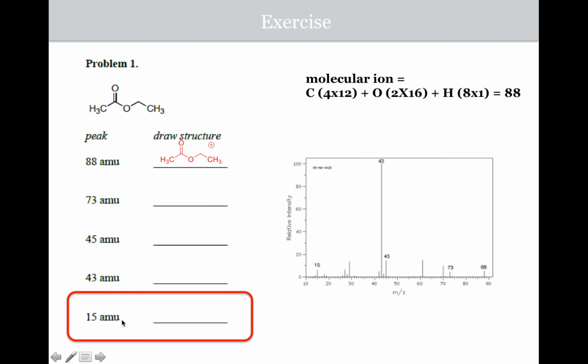The second thing I look for is the 15 here. From the list, you can assume that it may be a methyl group, because the molecule has methyl groups and it can definitely lose the methyl groups first. It can lose it from here or here. So when you subtract 15 from 88, it will give the mass of 73.